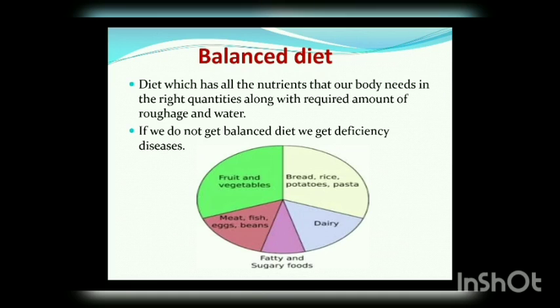So what does balanced diet mean? Diet which has all the nutrients that our body needs in the right quantities along with required amount of roughage and water. That is called balanced diet. If we do not get balanced diet, we get deficiency diseases.